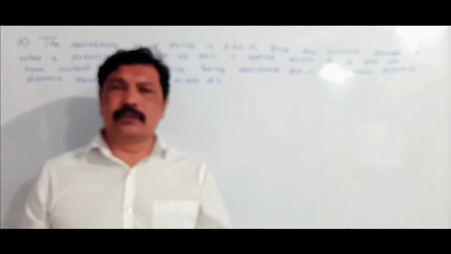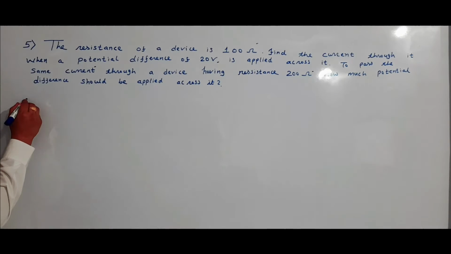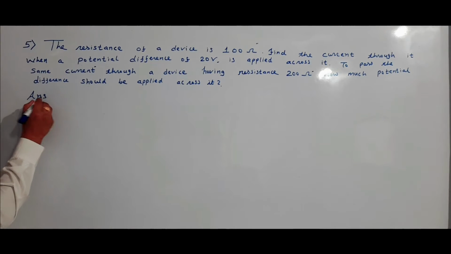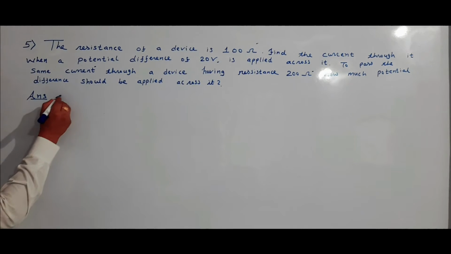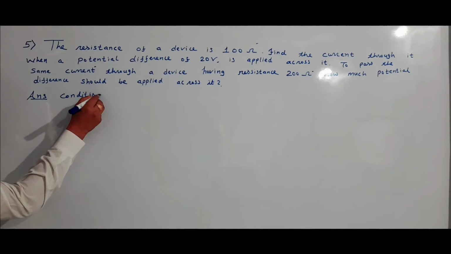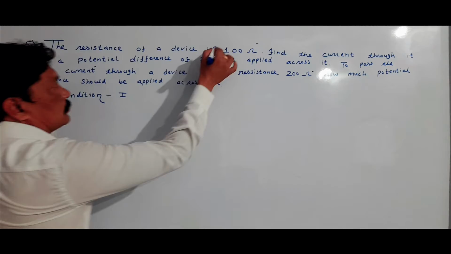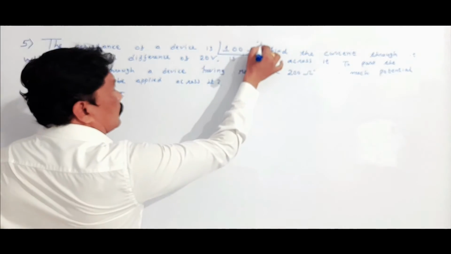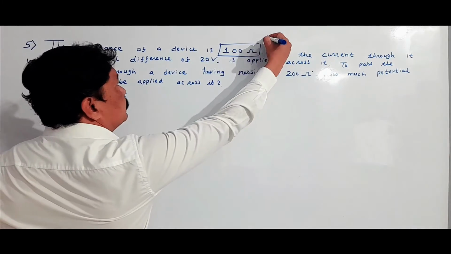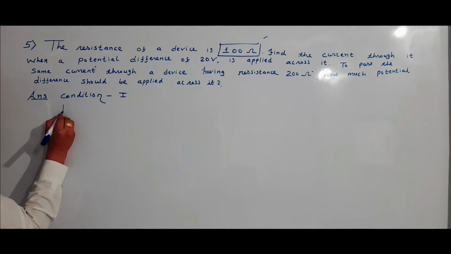First, we will try to solve the first condition. 100 ohm means this value is of resistance.